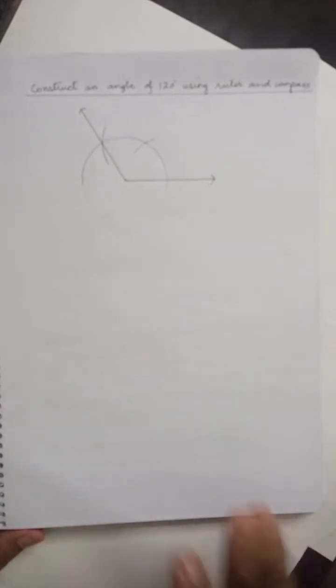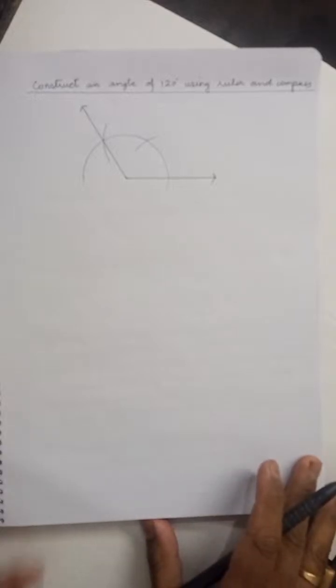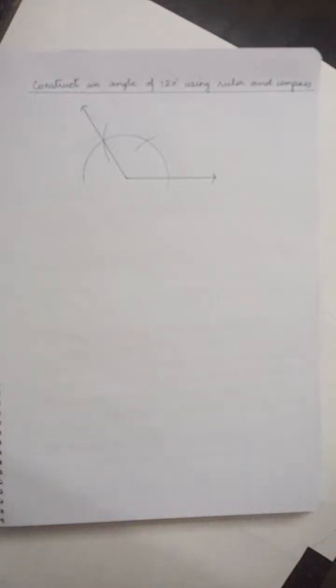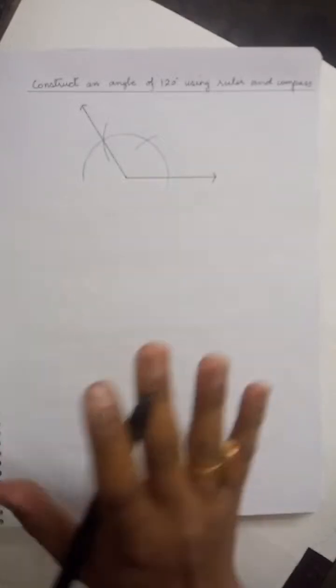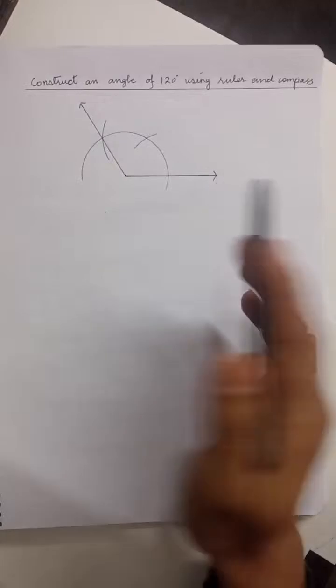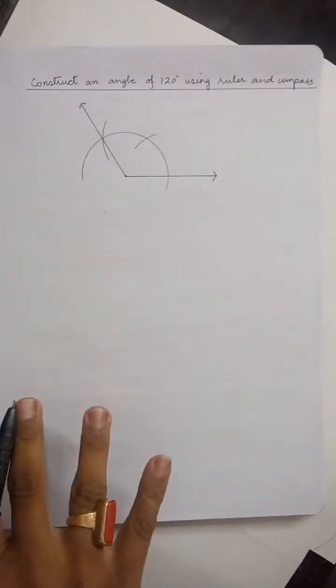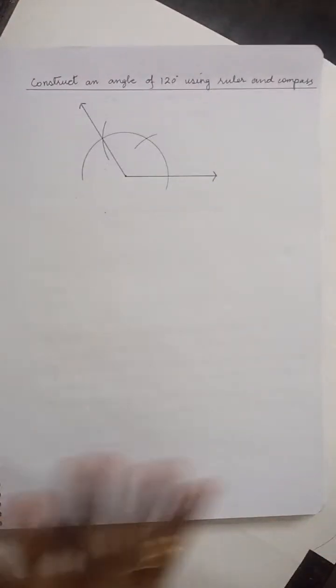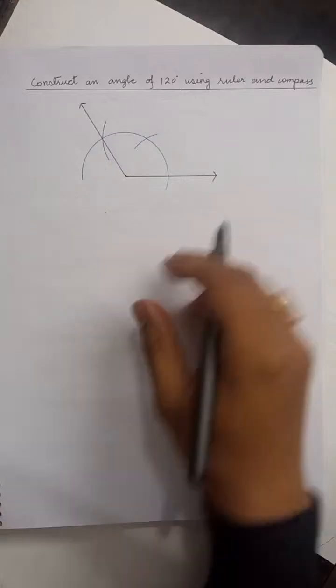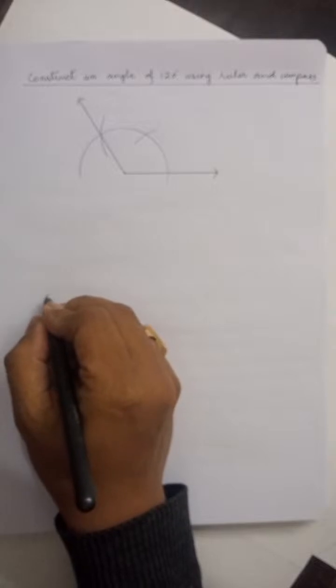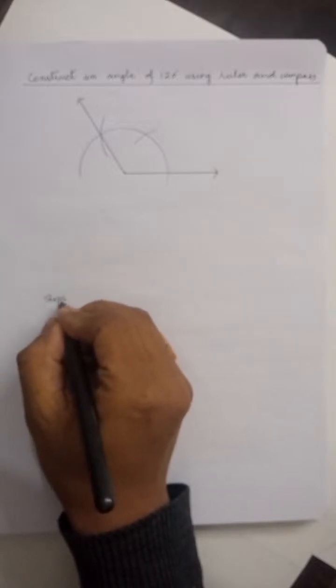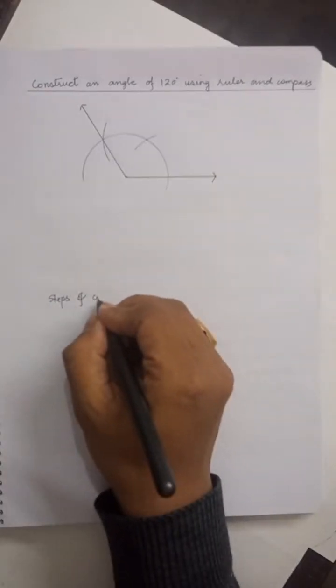Now I will draw the diagram once again, and then I will write the steps of construction. Remember, I told you yesterday, steps are not to be memorized. Just remember the steps, like the first step was drawing a ray. So we'll write accordingly. Don't memorize the steps. I will keep some space and write the steps of construction.